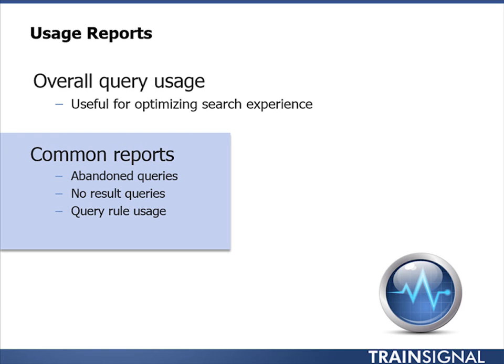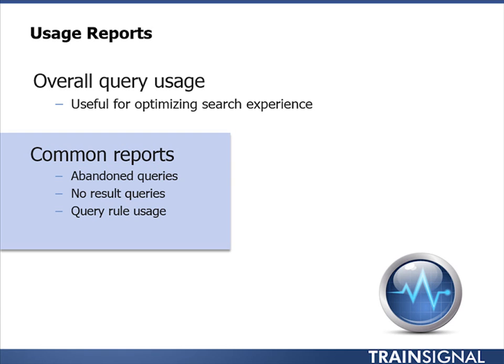Now, inside of our usage reports are a couple of very important reports. We have our abandoned queries reports. Our abandoned queries basically means that a user did a search and they didn't click on anything. Quite frequently, that's because they saw way too many links and whatever they were looking for didn't show up right away.